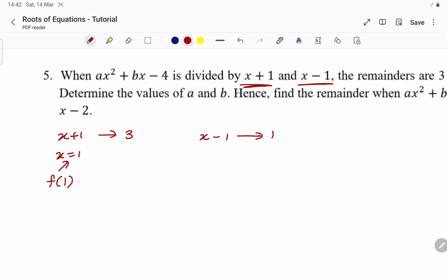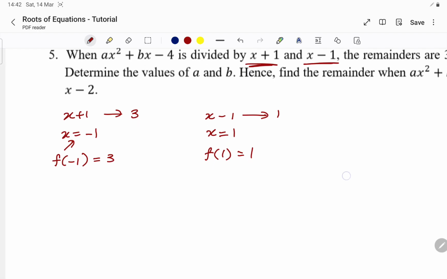When we substitute negative 1 into the function, the remainder is equal to 3. And then for x minus 1, x is equal to 1. The root is x equal to 1, and when we substitute into the function, you will get the remainder which is equal to 1.